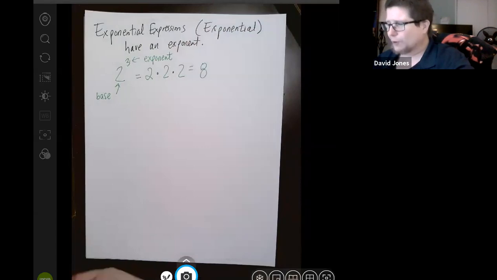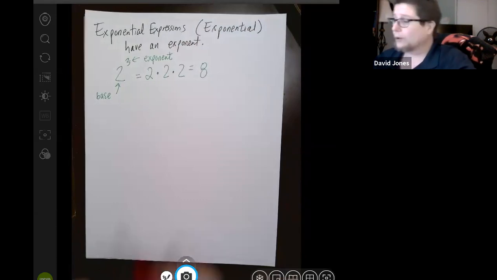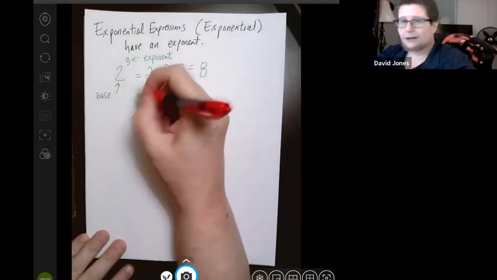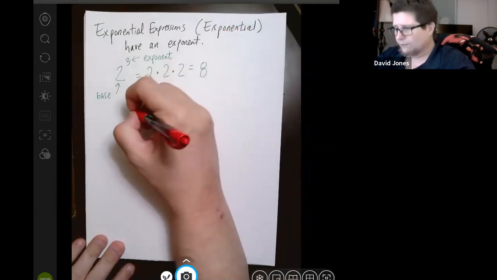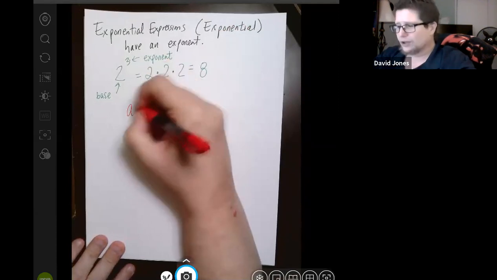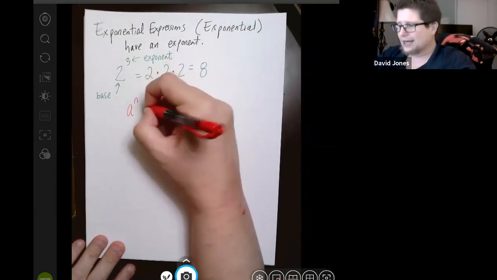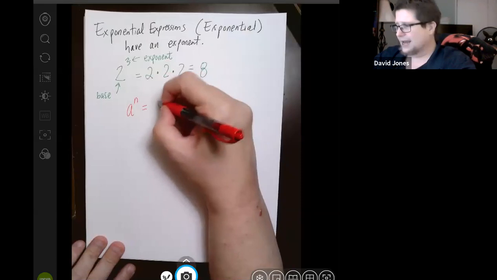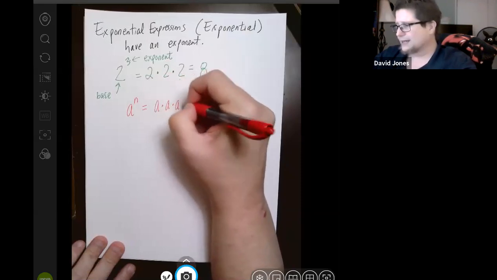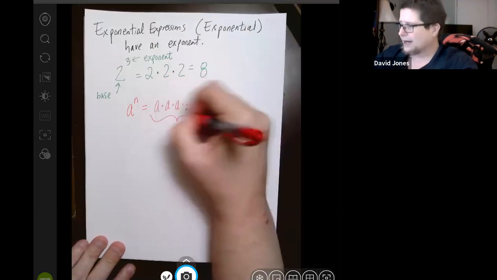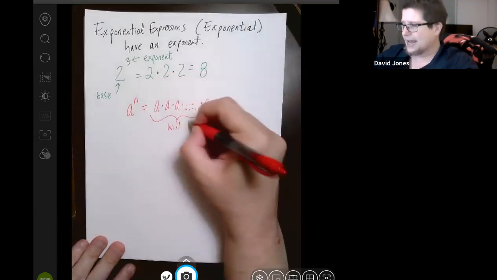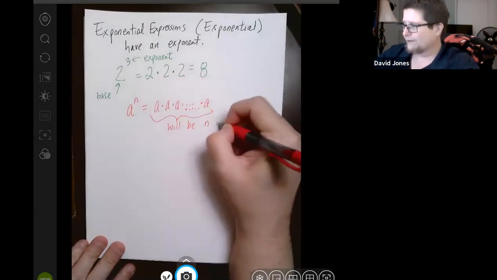The general formula, let me get you used to using letters. When we use a letter that can take on any value, that's a variable, and we can use any letter or symbol that we like that isn't used elsewhere. So like if we have a to the n power, this is a times a times a times dot dot dot times a, and there will be n a's, n number of a's.